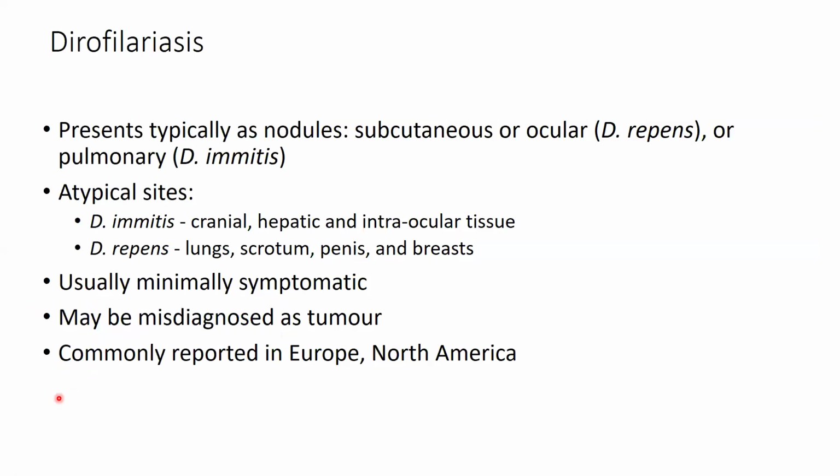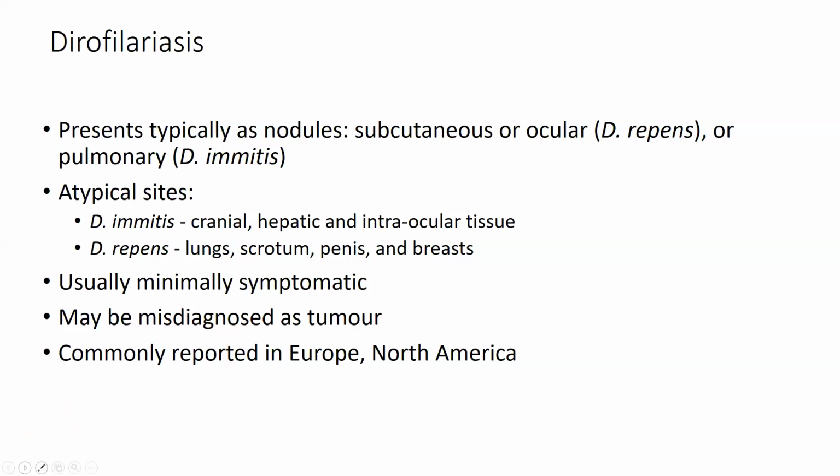So these Dirofilaria infections, the most well-known one is Dirofilaria immitis, which is the dog heartworm, which is not a problem of dogs in this country, but is a major problem in the northern hemisphere. And the importance of these is not in themselves, but it's because they mimic other diseases and are often misdiagnosed as tumors.